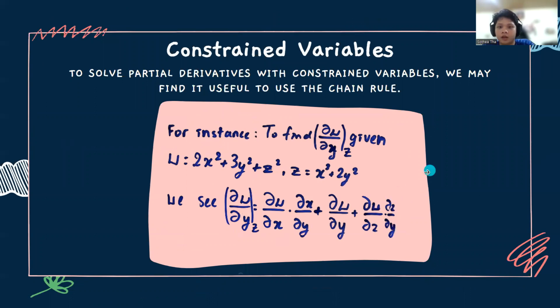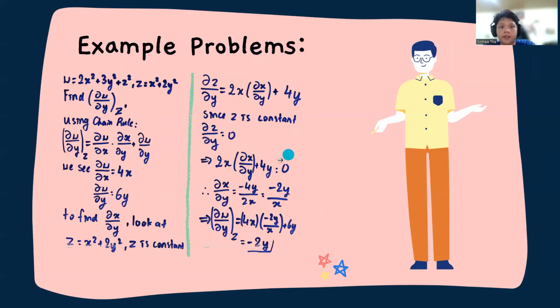It's missing because we can see here that we're keeping z a constant. So if we differentiate z by y, since z is a constant, this will equal 0. So this will all equal 0. That's why this is gone.